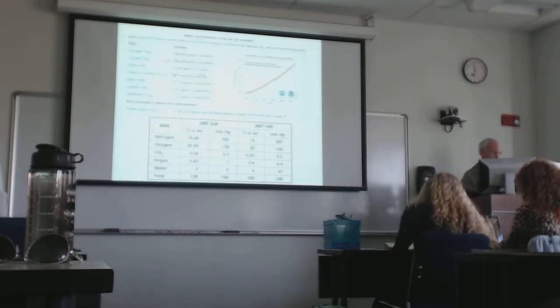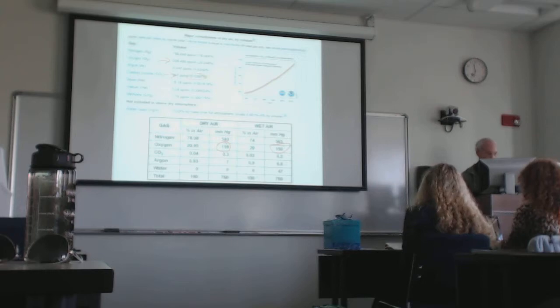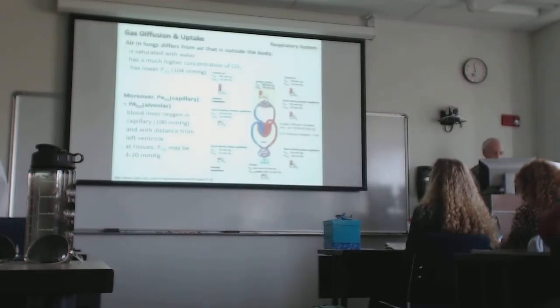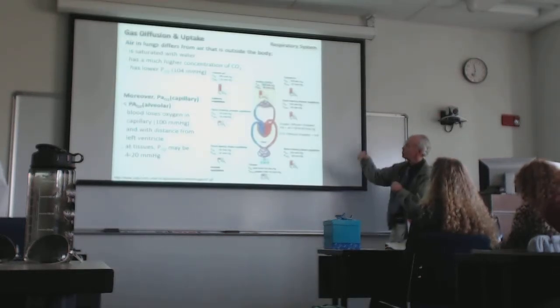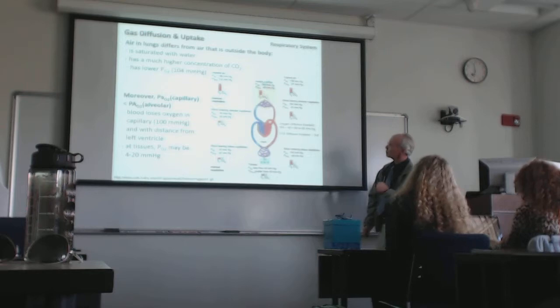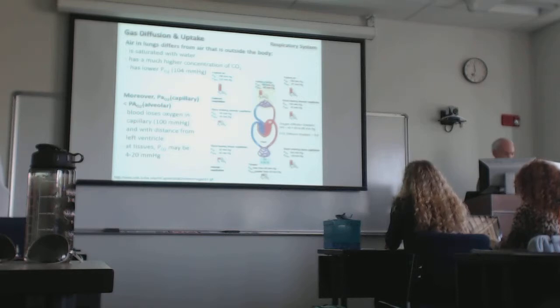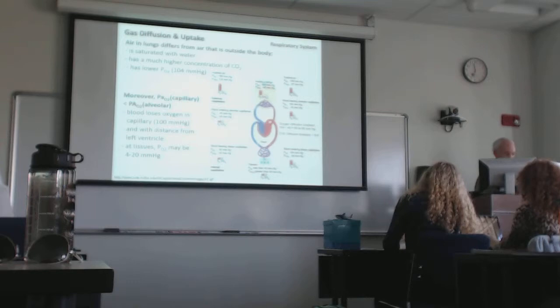If you go back to this graph right here, we went from 159 to about 149 or 150, depending on how you calculate it. So we lost 9 or 10 millimeters of mercury just by that. And then as we add the carbon dioxide, our oxygen level drops dramatically. So not going to be too much of a stickler for precision here, but you should know that in the alveolus, the partial pressure is about 100, 104, something like that, and CO2 is about 40.